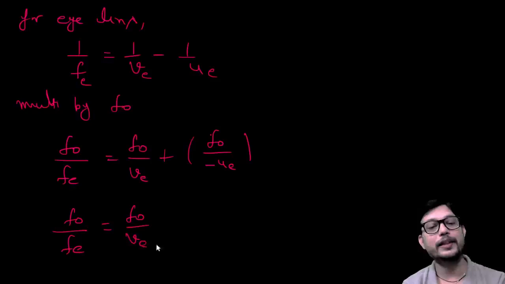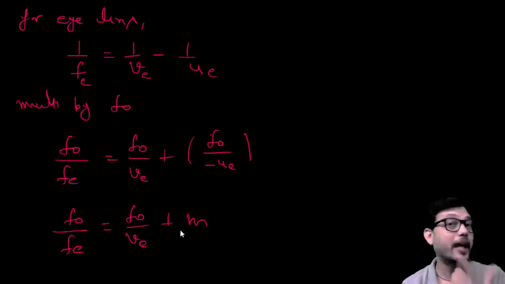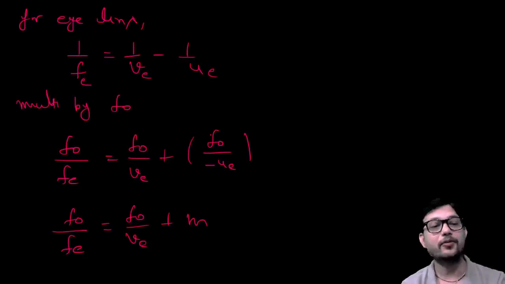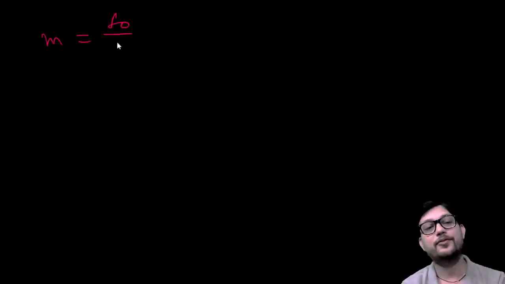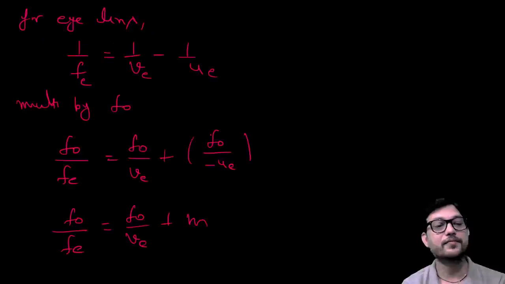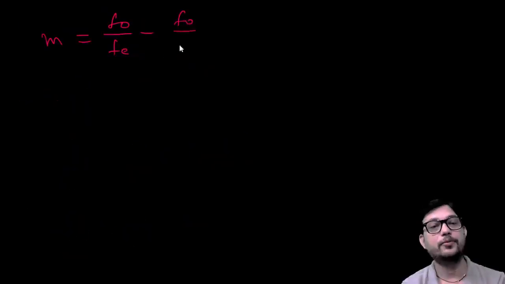So that will be FO upon FE minus FO upon VE, and that will be m, and we have to find out the value of m. So m will be FO upon FE minus FO upon VE.